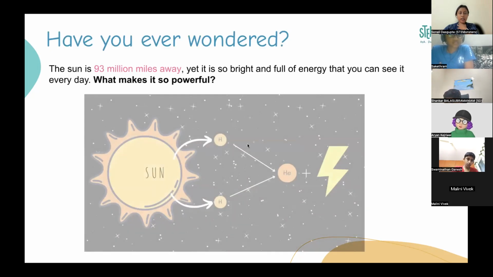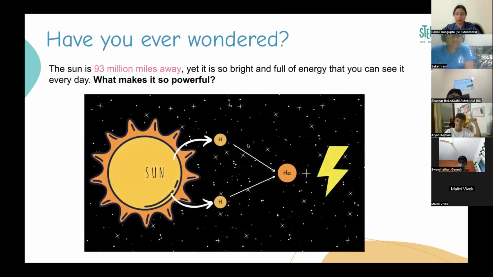Okay, so next question is, the sun is very, very far away from us, right? The sun is extremely far away from us, but it has a lot of heat that still reaches us and we feel so hot during summers. For those of you who are staying in Chennai, you know how hot it gets, right? And places like Rajasthan get even hotter.